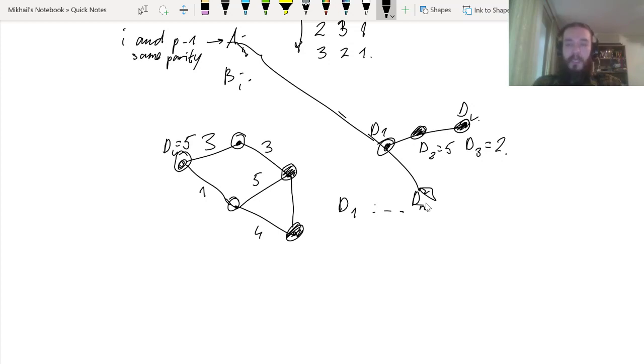Okay. So what's the smallest number that we have among these? For example, it's 1. So the smallest number is just the closest distance between a black vertex and a white vertex among all possible pairs.